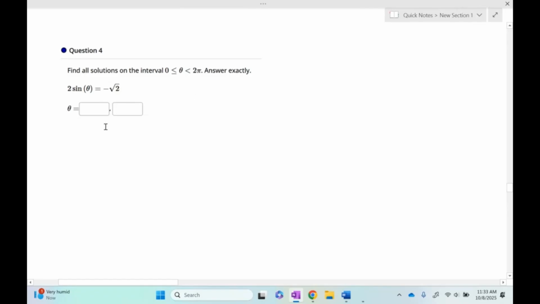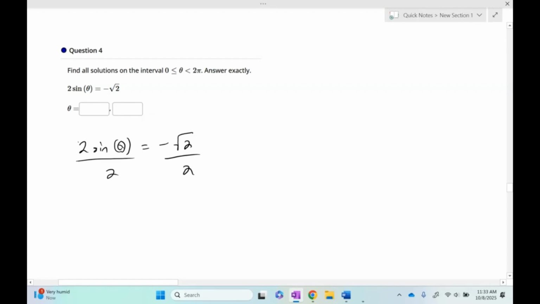I can't combine any like terms. But I would like for the coefficient of the sine value to be positive 1, not a 2. So the opposite of multiplying 2 by the sine is to divide by 2. Whatever you do to one side, you have to do the same thing to the other side. So I'm going to divide both sides by 2.